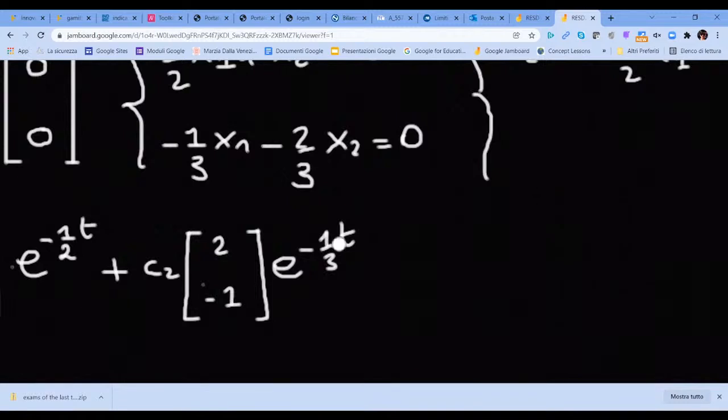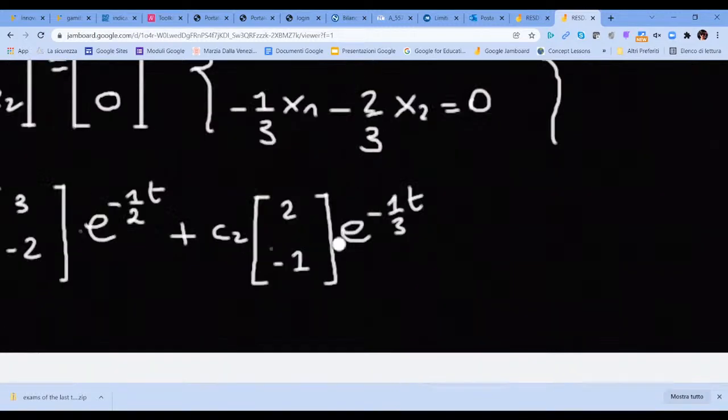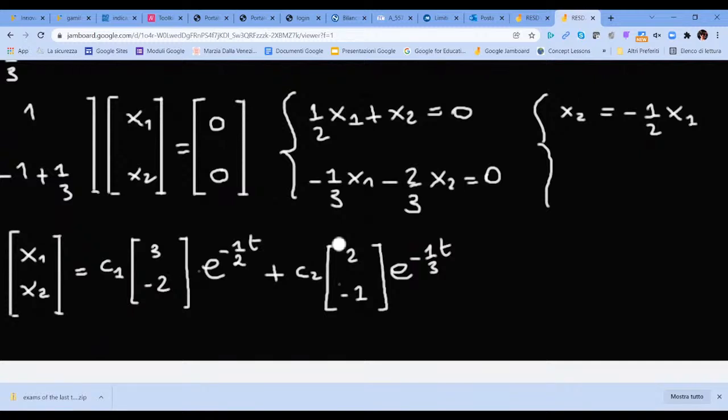Okay, what is this? This is the general solution that depends on two constants, because we didn't have any initial condition given to us, and both eigenvalues, as you've seen in the differential equation that we solved last time, are negative.